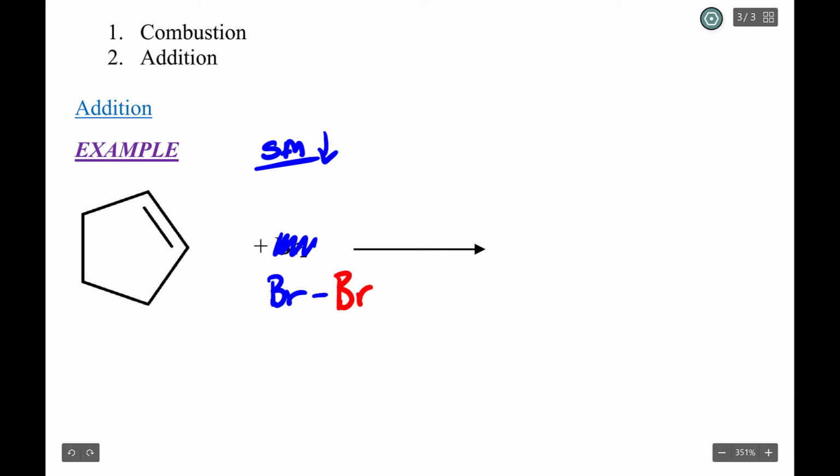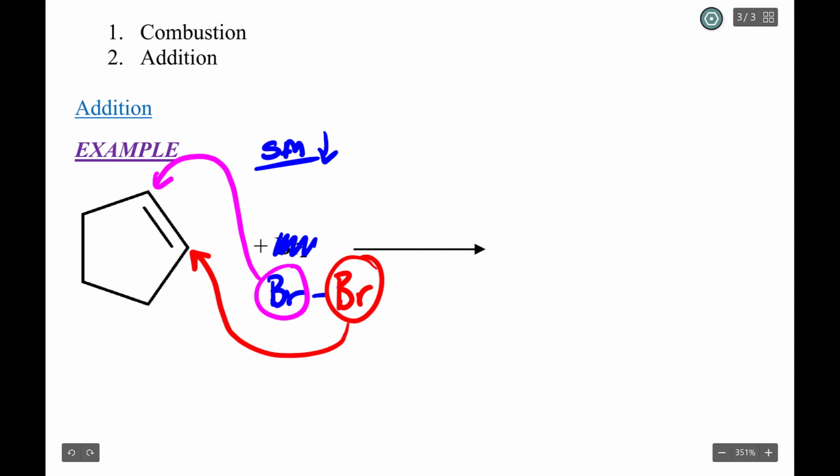So what would happen is 1 of the Brs would go to 1 of the carbons in the double bond. 1 of the Brs would go to the other carbon. That would break this bond and form a new bond between the carbons and bromine atoms, effectively getting rid of the multiple bond.